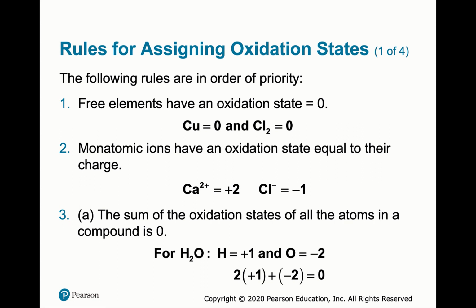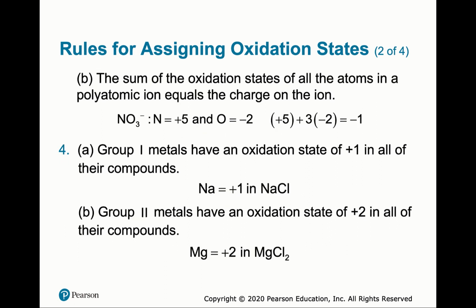The sum of oxidation states for all atoms in a compound is 0, and for an ion it is equal to its charge. For the nitrate ion, for instance, the sum of the oxidation states of nitrogen and 3 times the oxygen is equal to -1. You can see that is why nitrogen is forced to be +5.